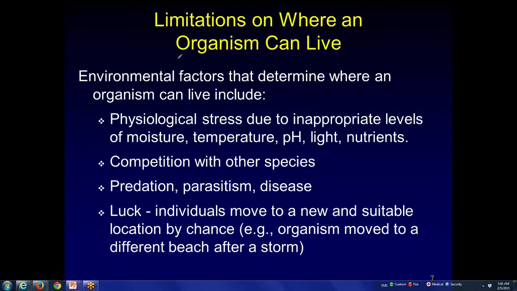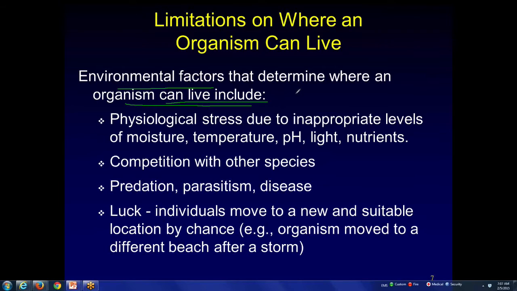There are environmental factors that determine where an organism can live, including, for example, we have wolves living in Canada, timber wolves, and they live even into Minnesota, parts of Wisconsin, a few parts of Idaho, Montana, a little bit of Wyoming, but they're not in much other places in the United States. There's a subspecies that lives around Arizona, New Mexico, but we don't have wolves in a lot of states.